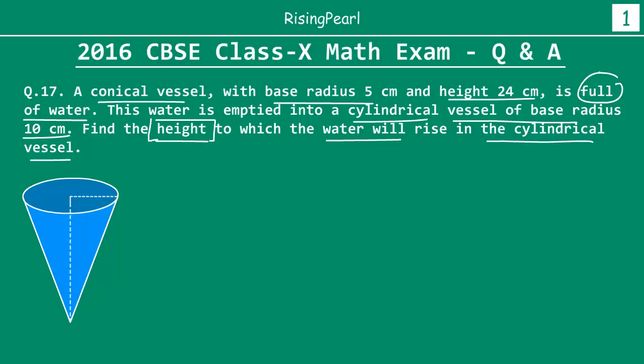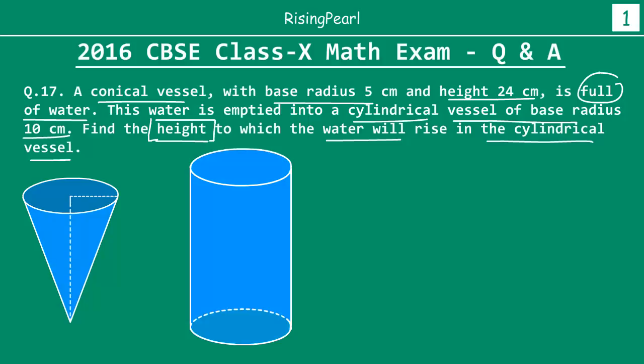After we have drawn a cone, we also need to draw a cylinder. So this is our cylinder. So what we have is this. This cone is actually filled with water, till the very top of the cone, right? And this water we are going to take, and we assume that the cylinder is empty to begin with.